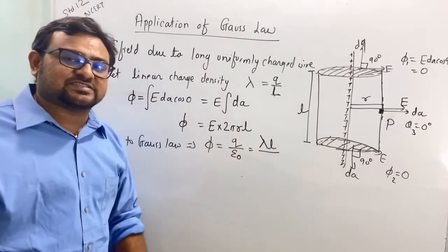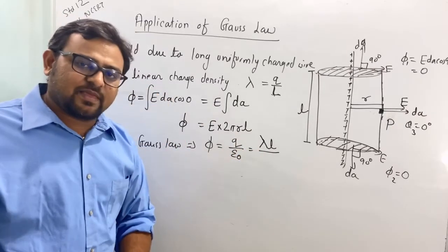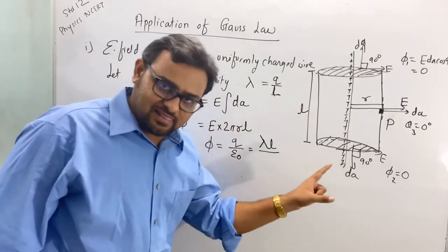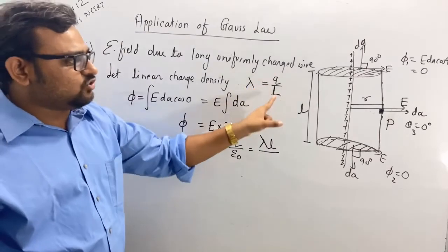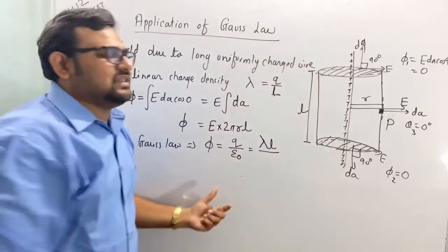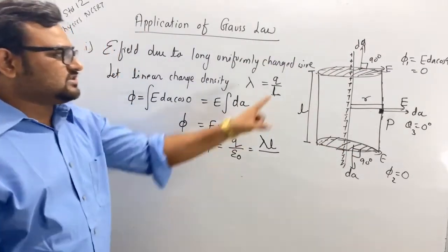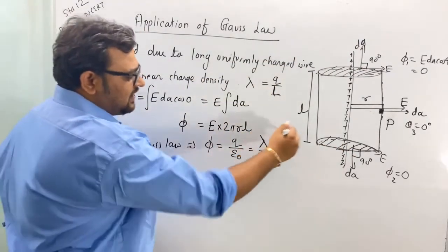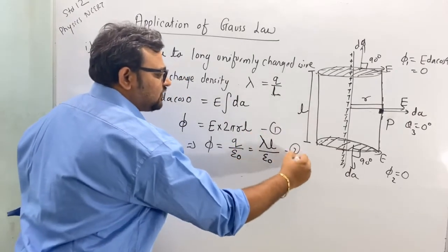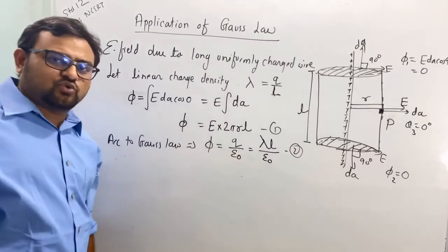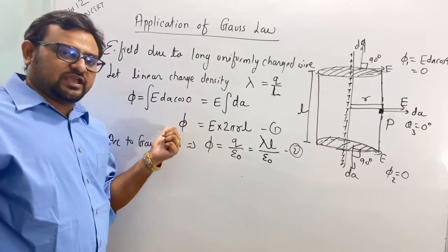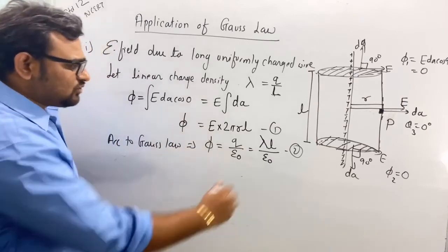If the linear charge density is lambda, then the charge on a particular length L will be lambda L. See, lambda equals Q by L; for the complete length it's lambda, for L it's lambda into L. So lambda L by epsilon 0. Name these equation 1 and equation 2. These are the two equations we are getting for flux, first using E dot dA, second using Gauss law. So both will be the same.